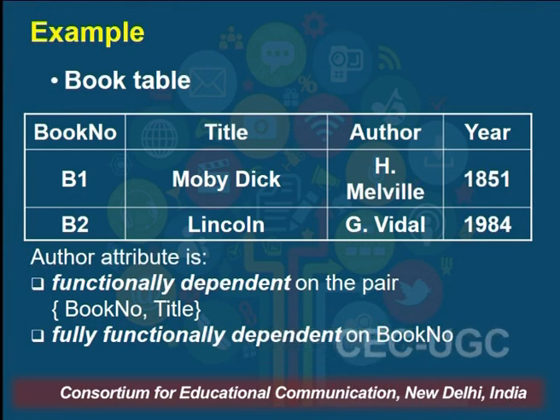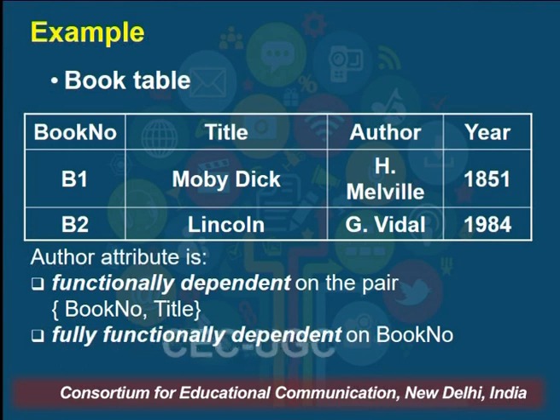So we can say the author attribute is functionally dependent on the pair book number and title. Yes, it is fine. Why? Because author can be determined from the book number and the title. So author is functionally dependent on this particular pair. This is a functional dependency.